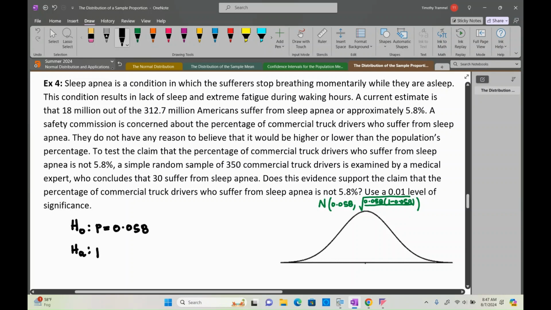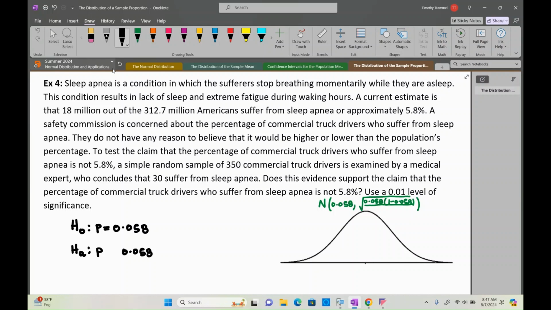And do note that means, even though I haven't read the rest of this question, I can start to write down my alternative as well. The question is just what's going to go right here. And we'll figure that out after we read a little further. So it says, a safety commission is concerned about the percentage of commercial truck drivers who suffer from sleep apnea.